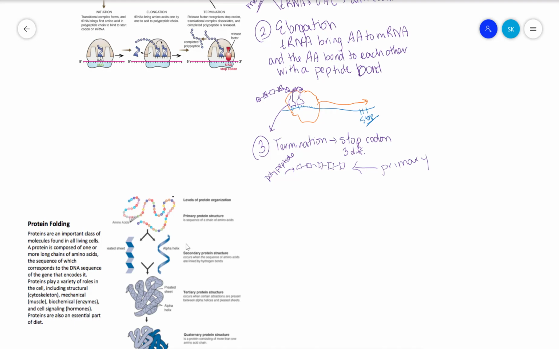It's just a chain of polypeptide, or a polypeptide chain. That's a primary structure. Now, what will happen is each one of these amino acids has some kind of charge, usually. Well, some have charges, some don't. But they won't be able to stay in a chain for long. They're going to fold in on each other with hydrogen bonds.